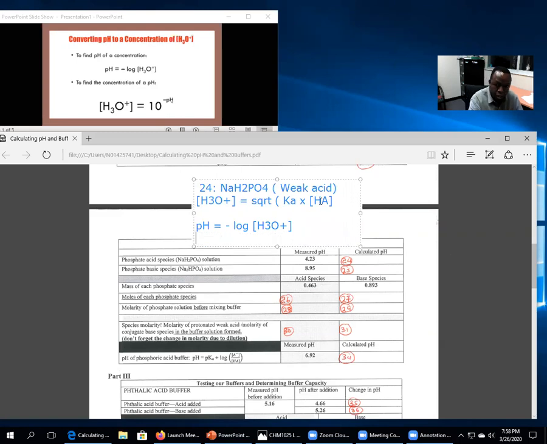So that you notice the difference, I'm just going to do 25. 25 here. This is Na2HPO4. This is a weak base.